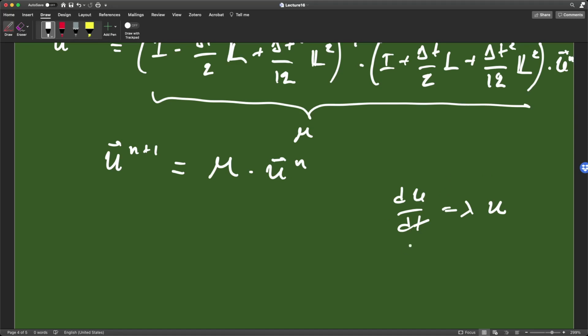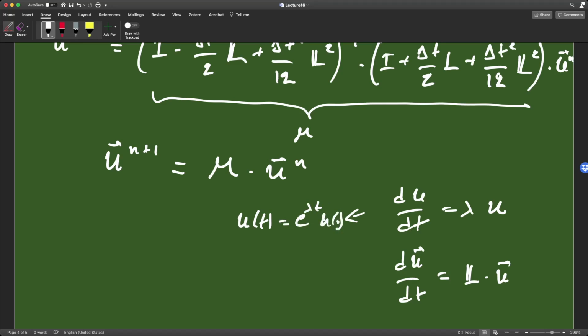Now we have a system of equations that are coupled through these matrices, and as we said before, the solution to that equation was u of t equals e to the lambda t times u0. The solution to this equation that we wrote above is u of t equals e to the L t times u0, where e to the L t is the matrix exponential.